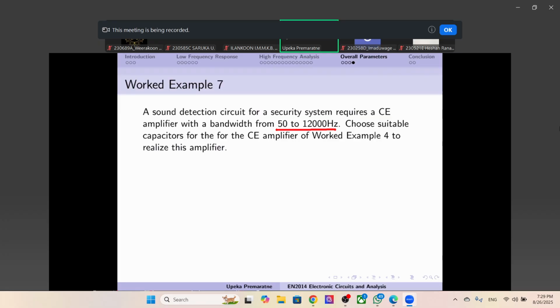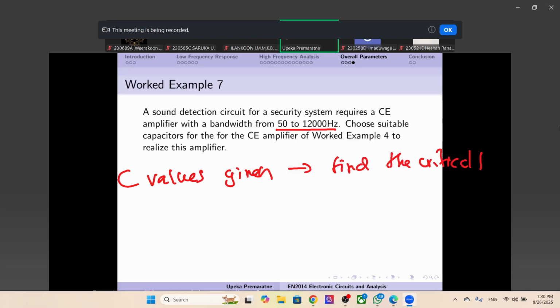Before, you were given the capacitor values, and what you had to do was find the critical frequencies. Now the bandwidth is given, and you have to find the capacitors.